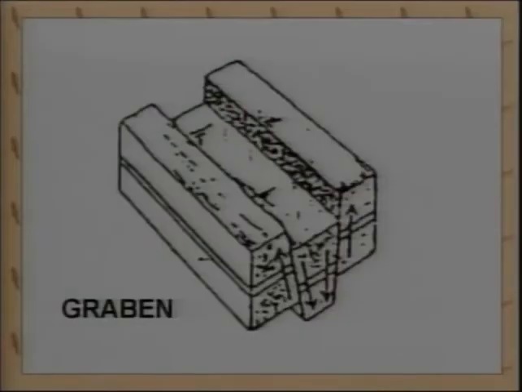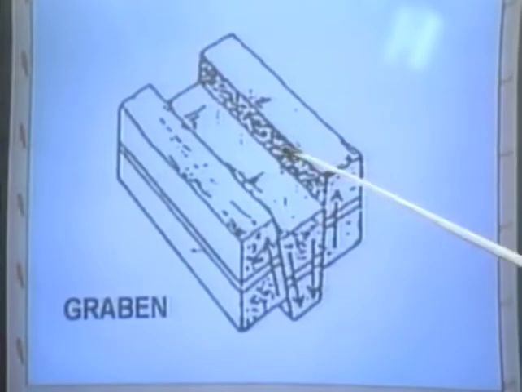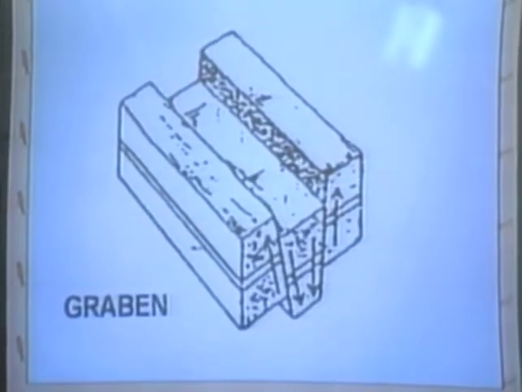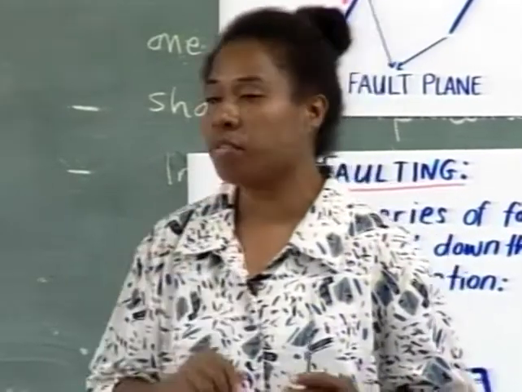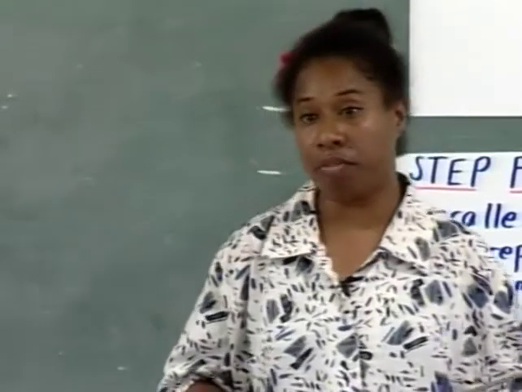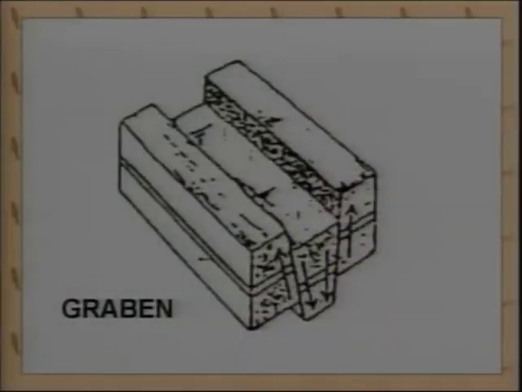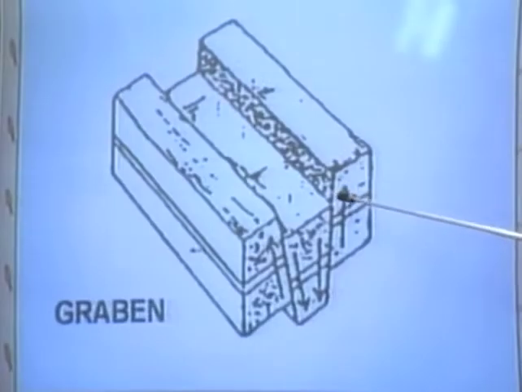Let's look at a graben. The graben is the depressed part of the feature here. But note that for a graben to occur, there needs to be two sets of parallel faults. Two faults need to be present for the feature of a graben to be formed. Okay, you have a fault line here, and then you have another fault line there.